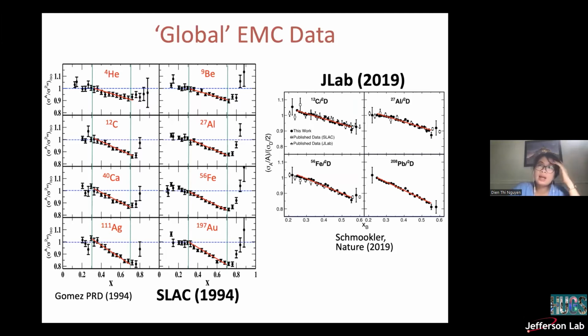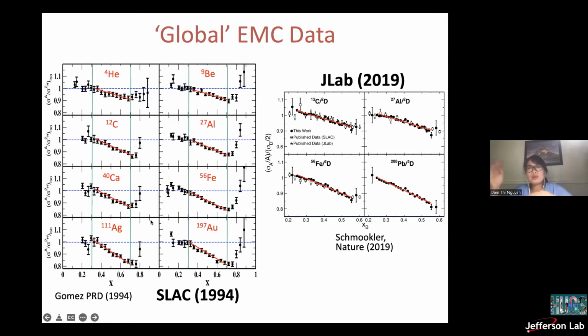This is data from SLAC in 1994, and more recently from JLab with much higher precision. You can see the linear decrease within that area, and that is the EMC effect we are trying to study, across different nuclei.